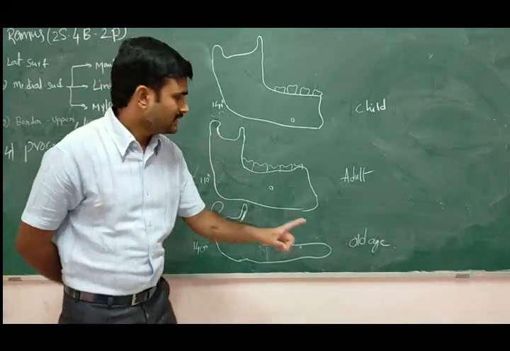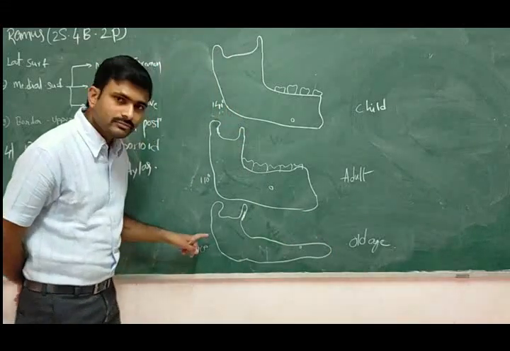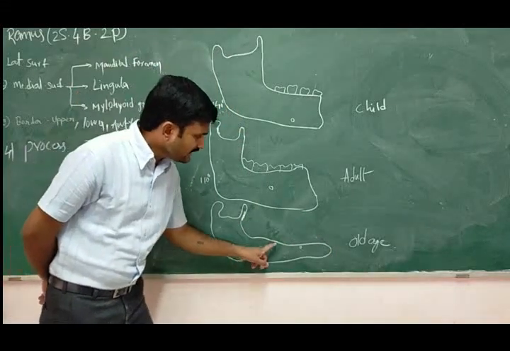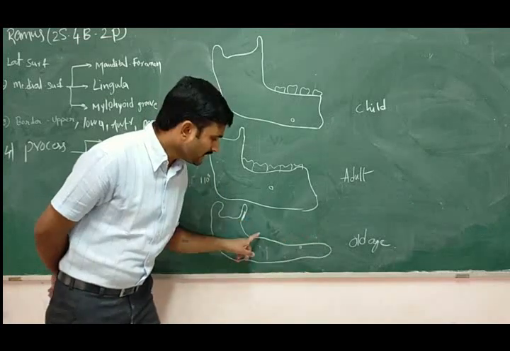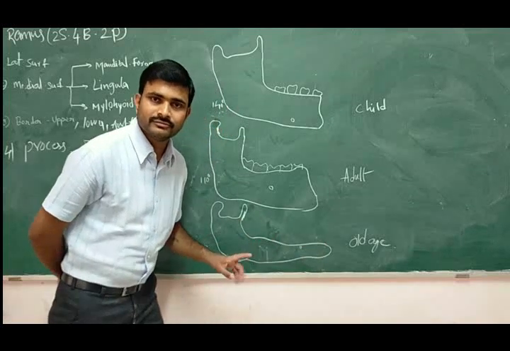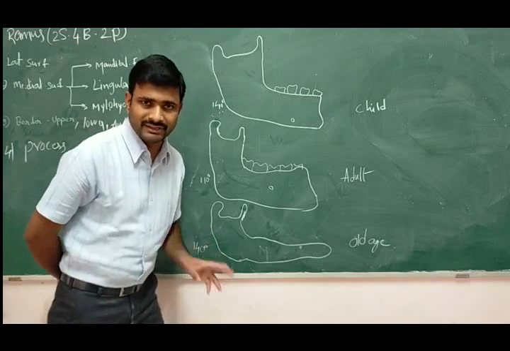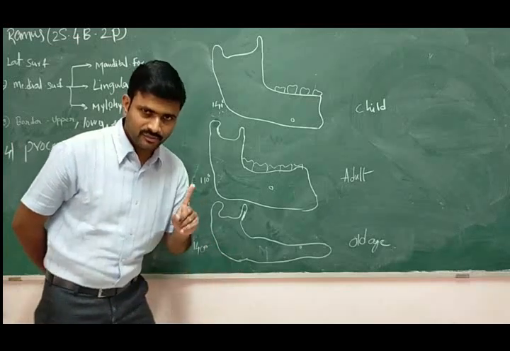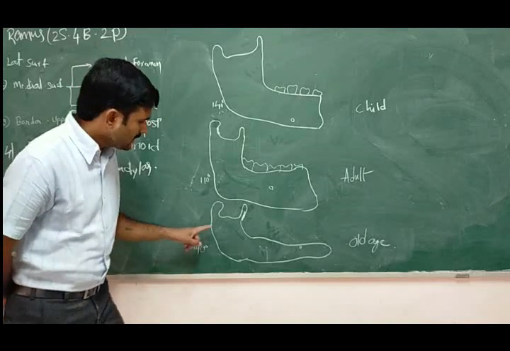And the third is the old age. In the old age, same points. All the teeth are absorbed. There are no teeth, so the superior border is completely absorbed. There are no sockets for the permanent teeth or the milk teeth. Second point, the angle is 140 degrees.